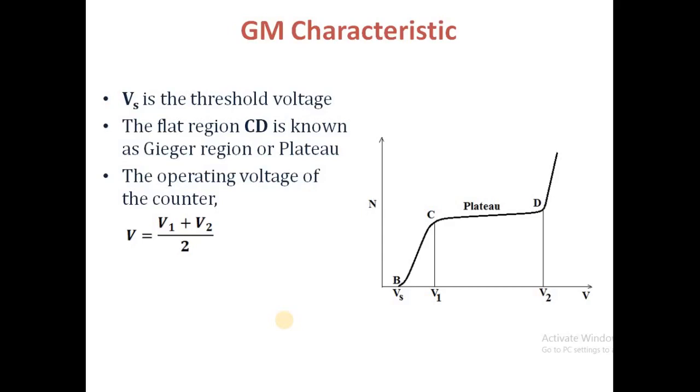If V1 and V2 are the voltages corresponding to the points C and D on the curve respectively, then the operating voltage is the average of V1 and V2. The nature of the plateau depends upon the filled gas in the counter. A good counter has a plateau extending over a range of 100 to 200 volts.